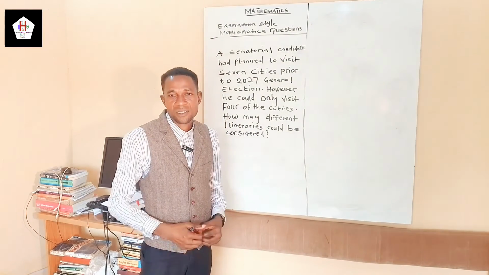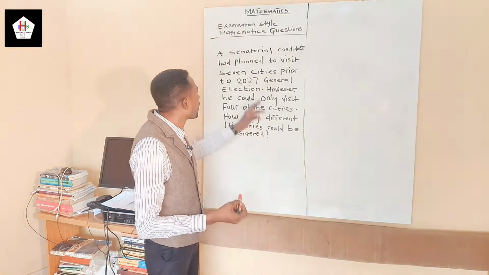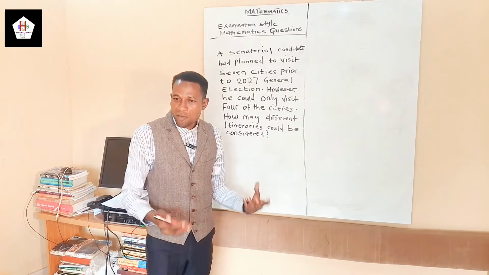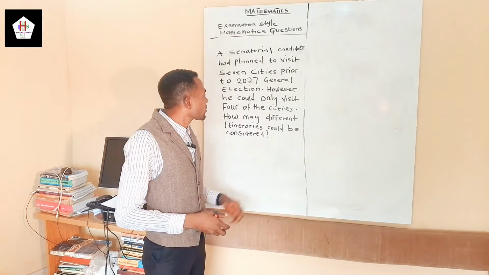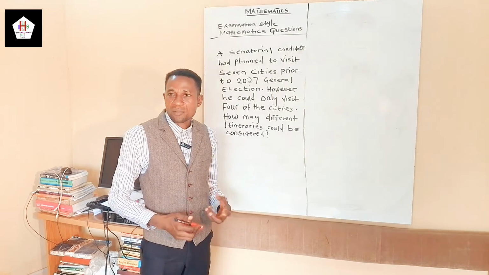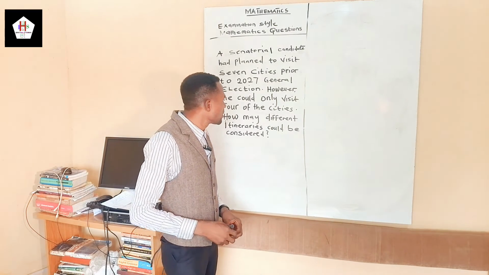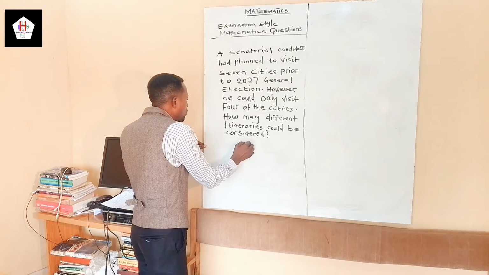So how many ways can he do that? Since we have our 4 and 7, 7 is the targeted number of cities, which is the largest, and 4 is the one he was able to consider to visit. So for that reason, we're writing it this way.